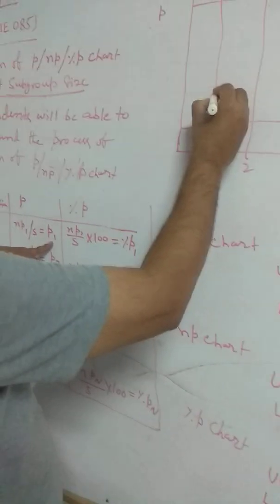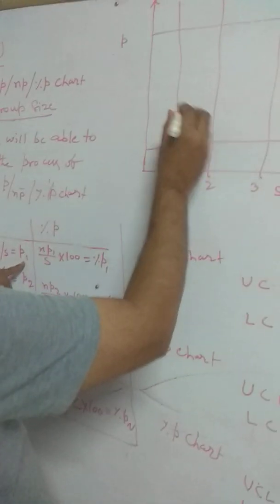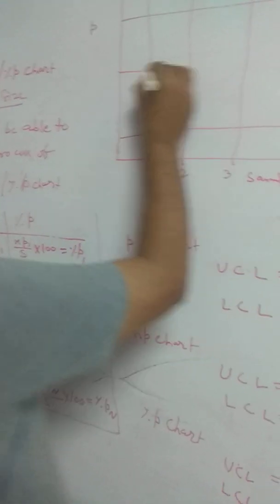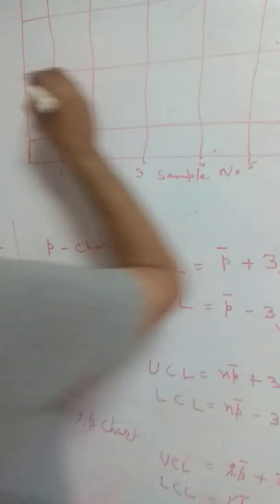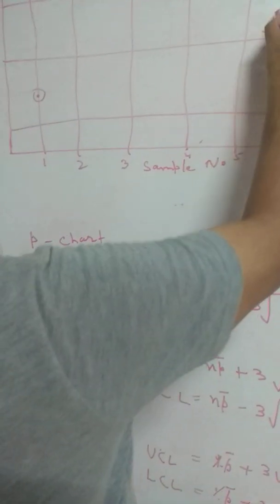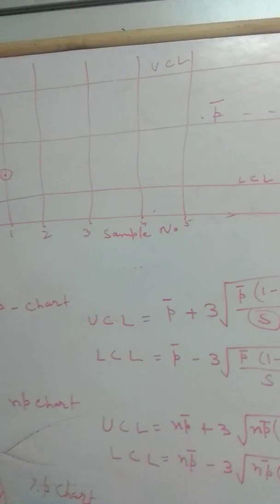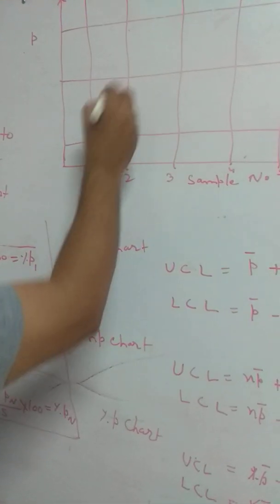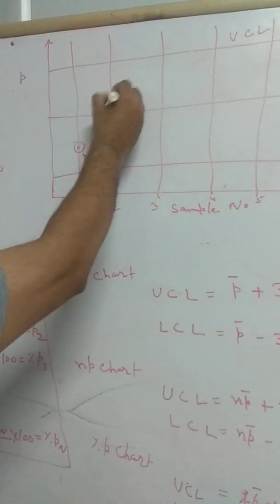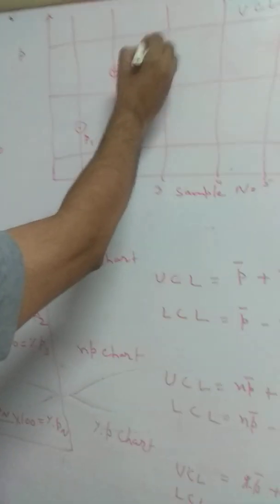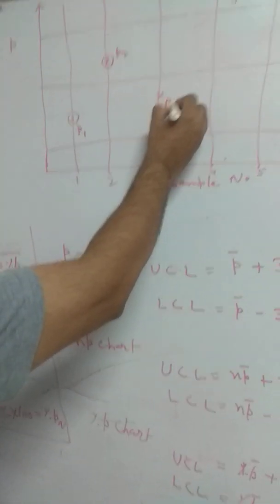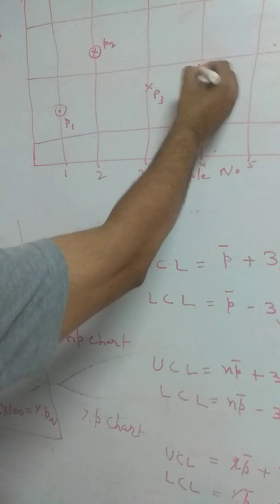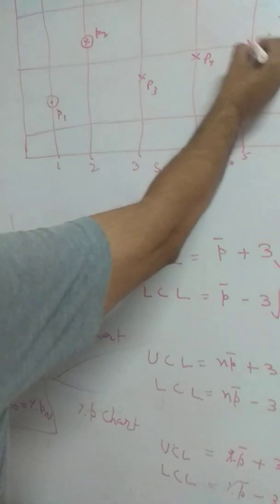This is P1, and here is the P bar line. Suppose this is P1, this is P2, P3, P4, P5.